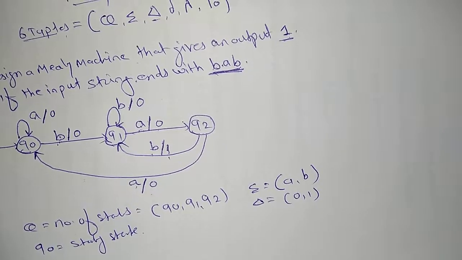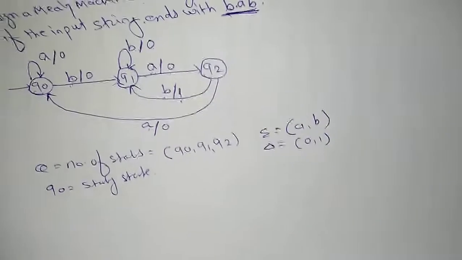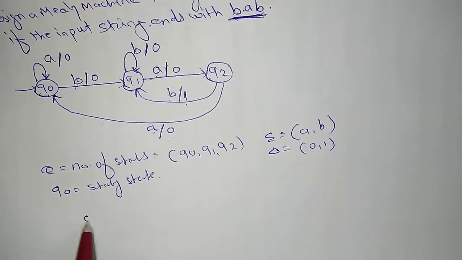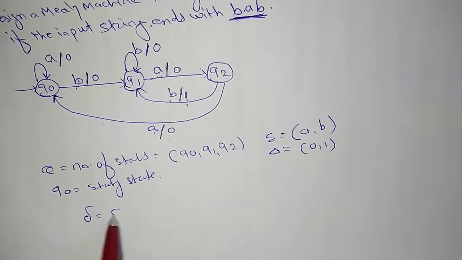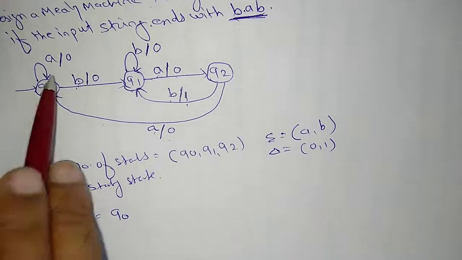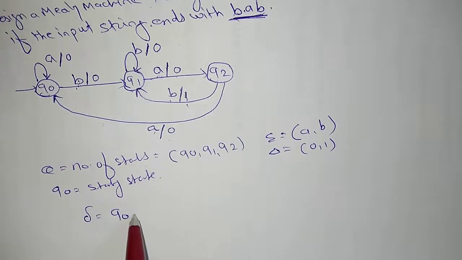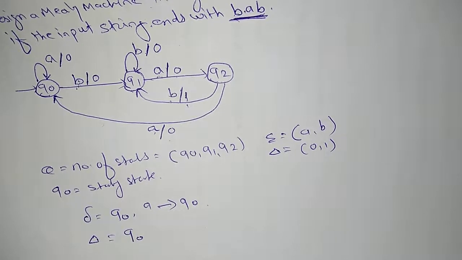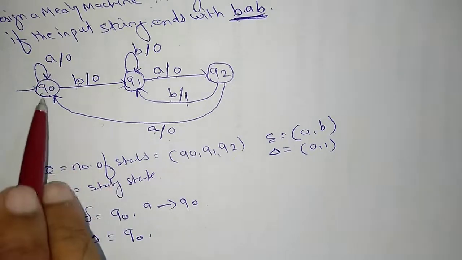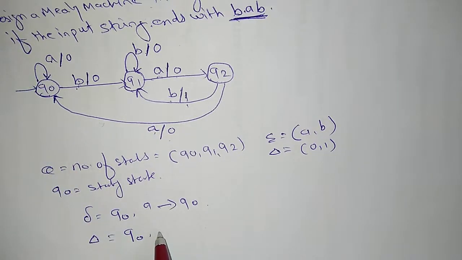Now how to write the transitions? That means the delta. Let's consider Q0 is a state. After taking A as an input, it goes to Q0 itself. But at the same time, for the output, Q0 is a state, after taking A, the output is 0.